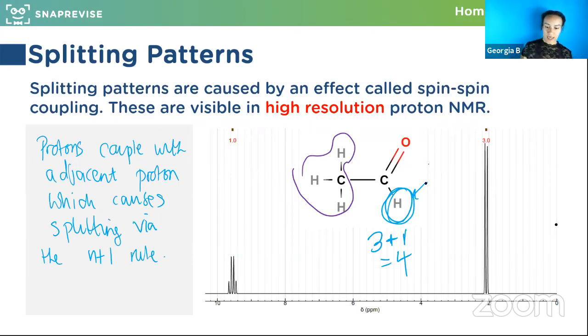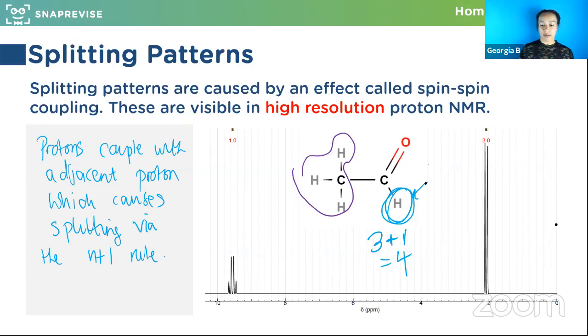Does that make sense? So the hydrogen in blue will split into 4 little peaks because it's next to 3 protons, and we just add 1. So it's n+1, so 3+1, so we'll split into 4 little peaks.